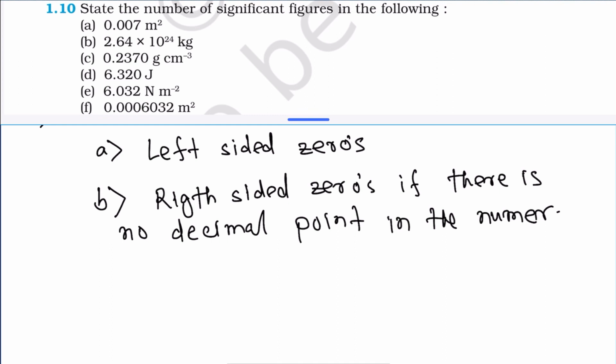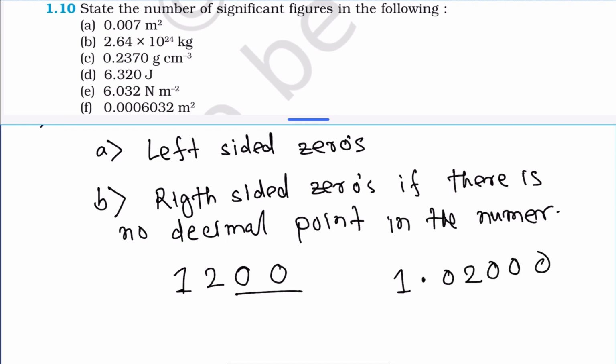This is very easy. For the second rule, for example, if you write 1200, you have to ignore these 2 zeros because there is no decimal here. But if the number is like 1202.0000, you cannot ignore them now because a decimal is available.